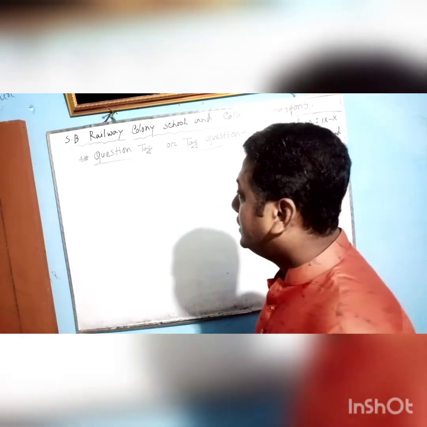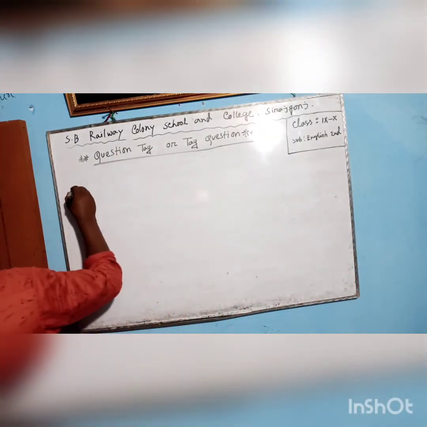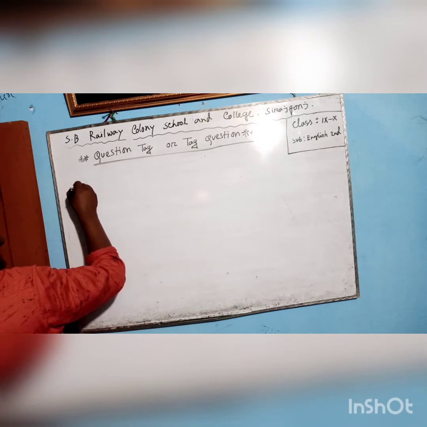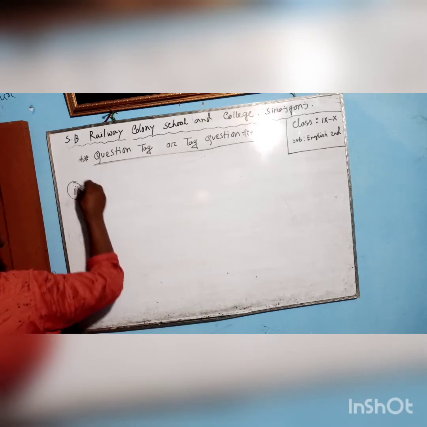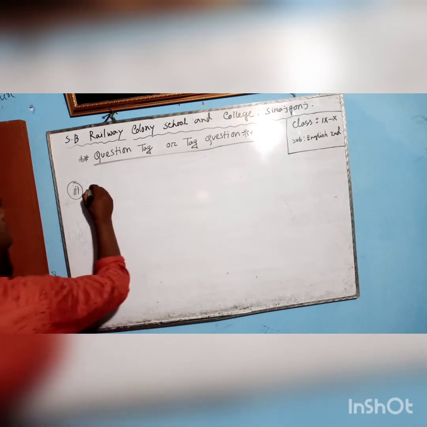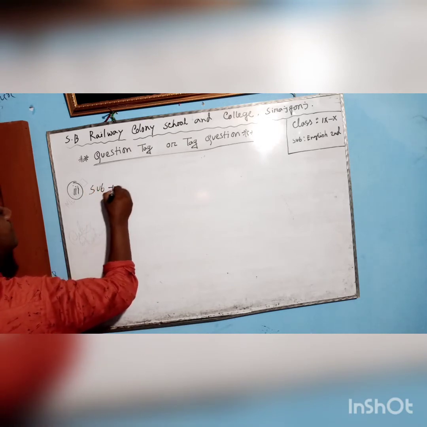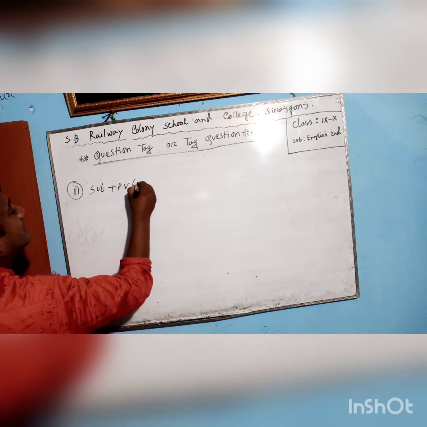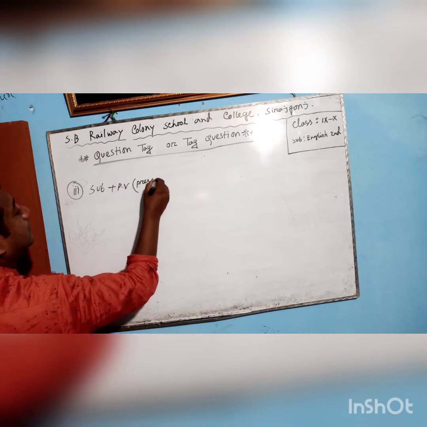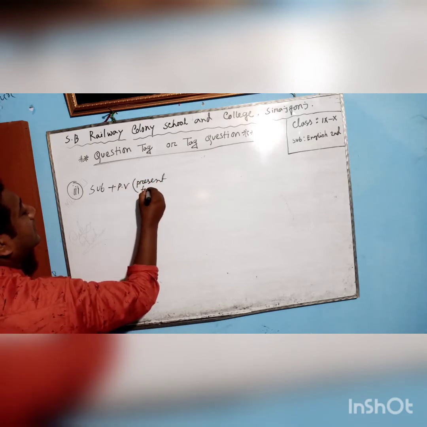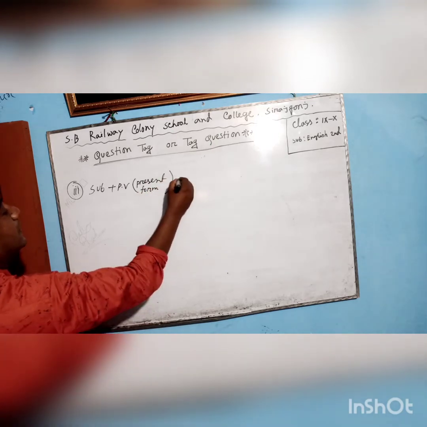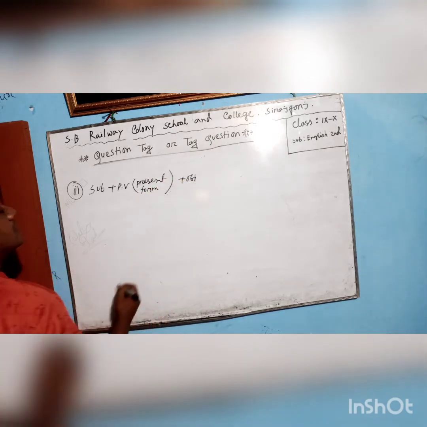So our third structure is about present indefinite tense: subject plus PV, present form of PV, and object.